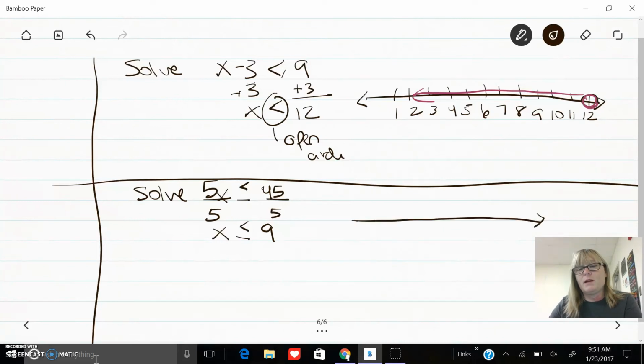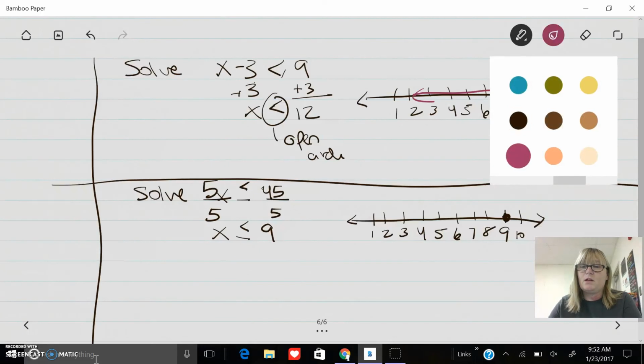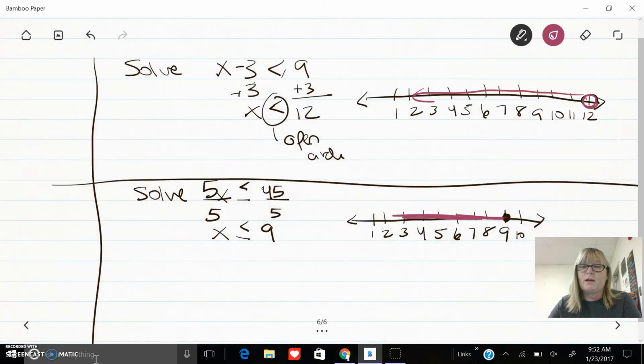What kind of circle am I going to need for my graph? Because it says equal to. Okay, so if it's equal to, I'm going to color in my dot. And I'm going to go less than, which is this way.